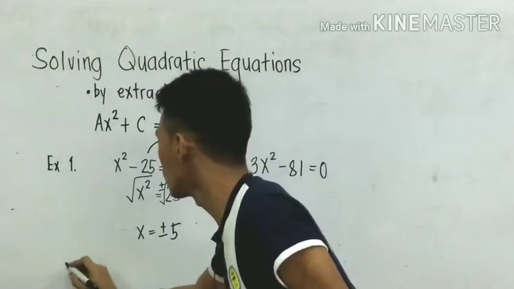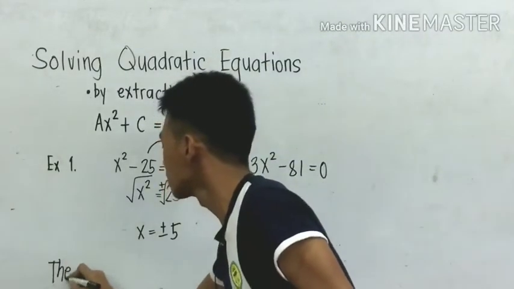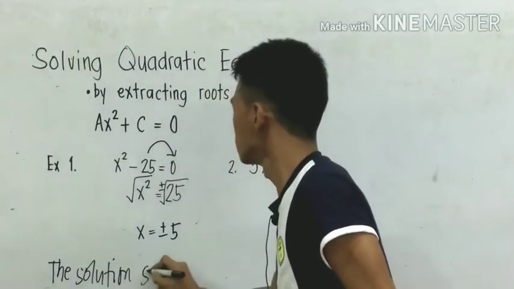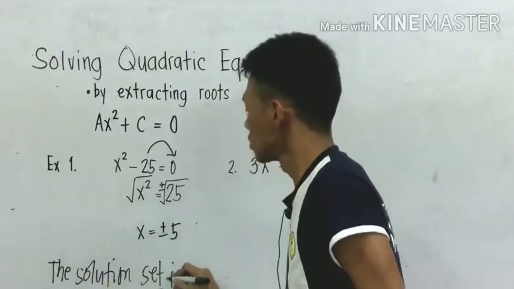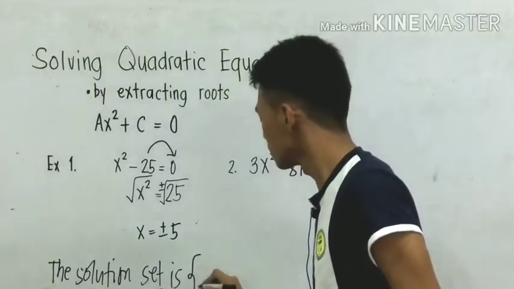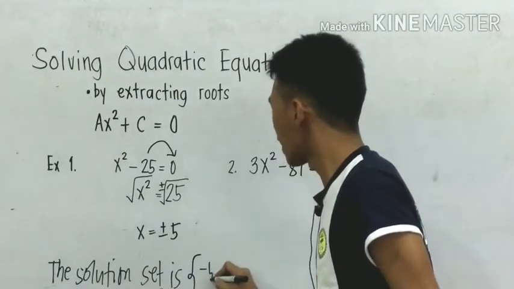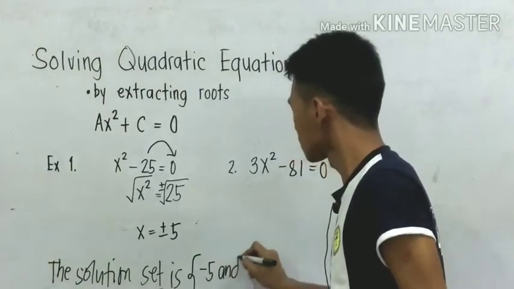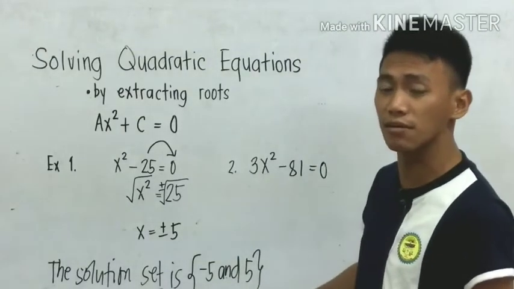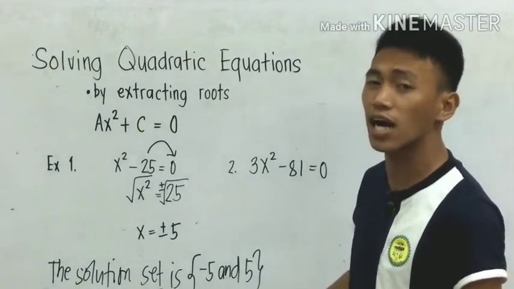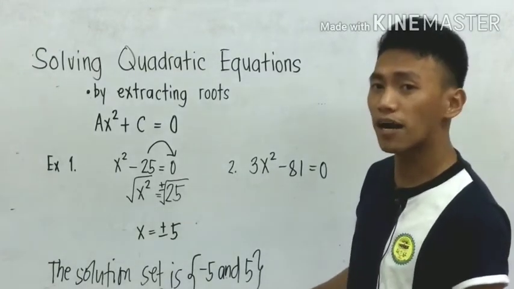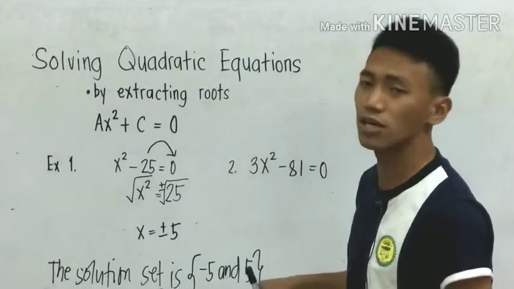So, conclusion now is, the solution set is, use curly brackets or braces, negative 5 and 5. Dili pwede nga parenthesis ang imuhang gamiton, dili pwede nga square bracket, kundili curly bracket or braces imong gamiton.